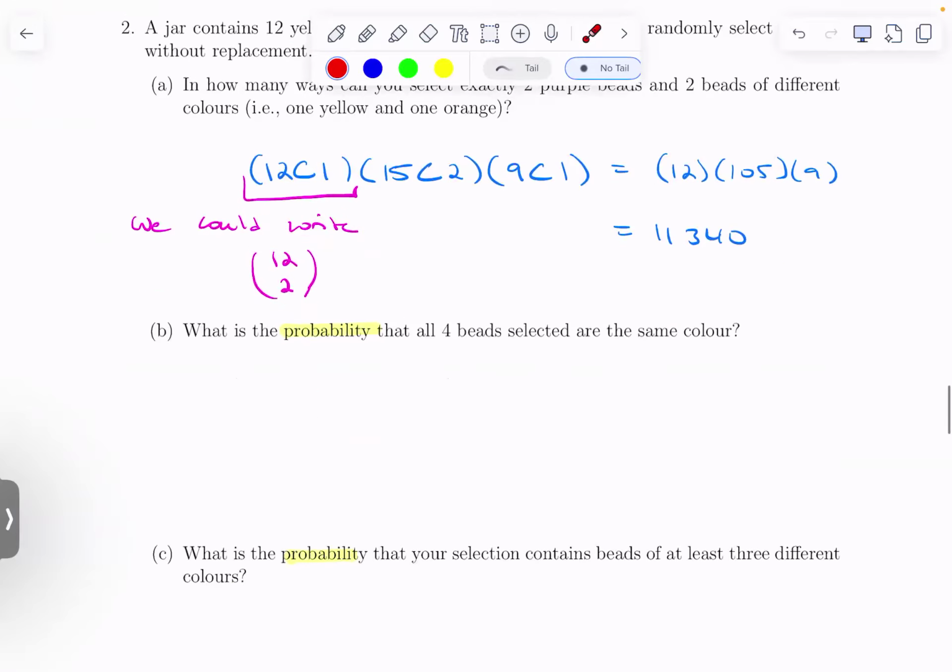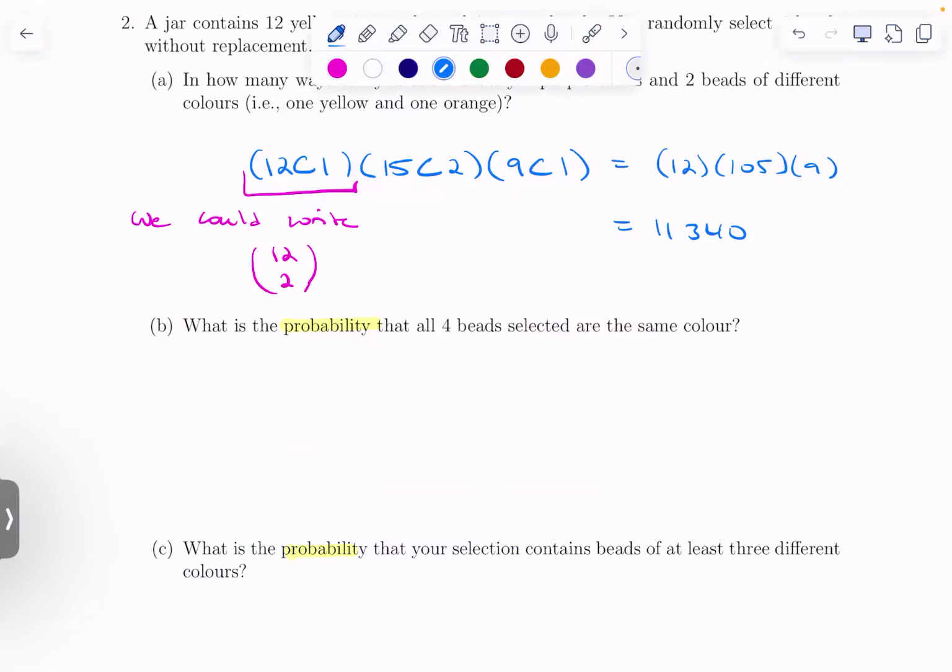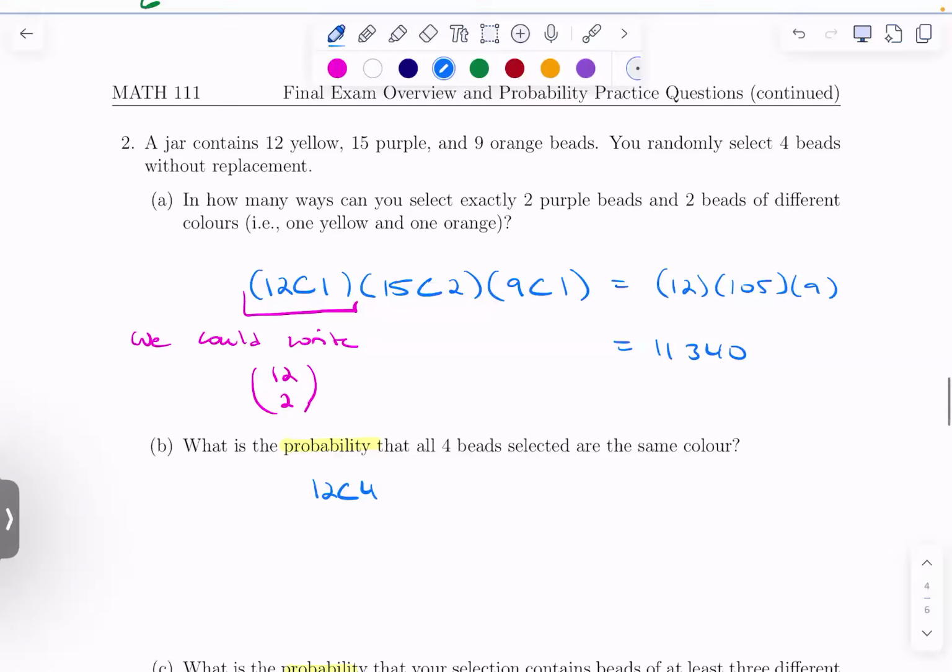So I want 12 choose 4 for the 12 yellow, or, which means addition, 15 choose 4, or 9 choose 4. Good.